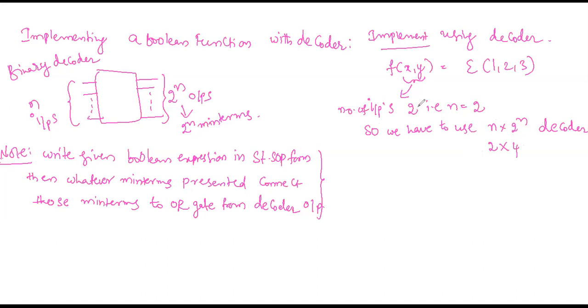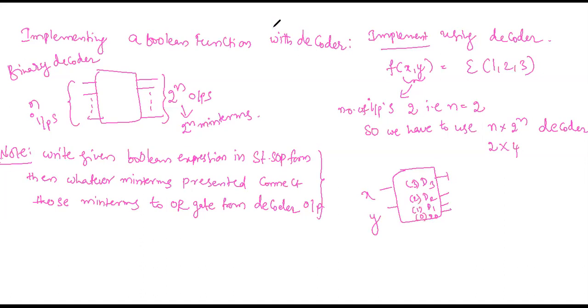So first draw the decoder. Inputs are x, y. It has 4 outputs: D3, D2, D1, D0. This is third minterm, second minterm, first minterm, 0 minterm.